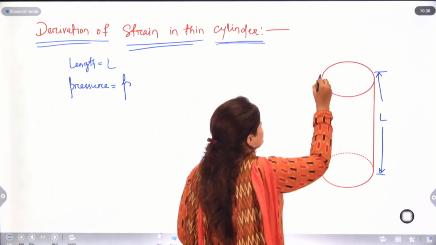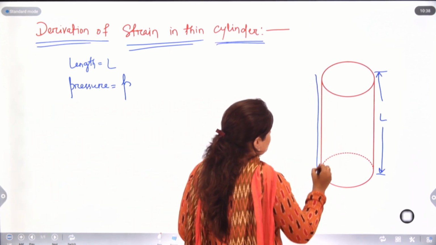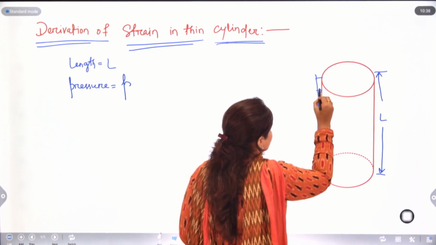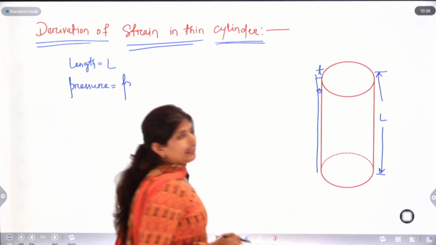As it is made of metal, this small thickness we will take as t.